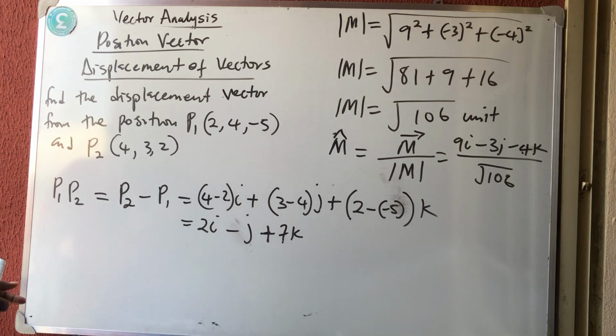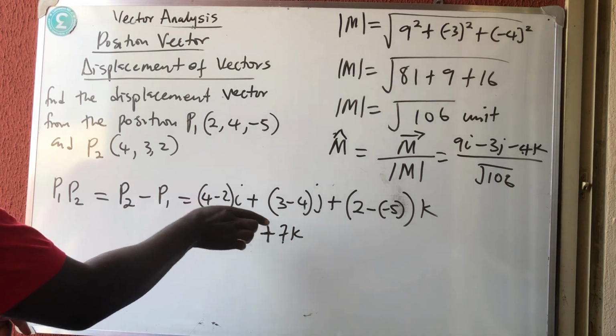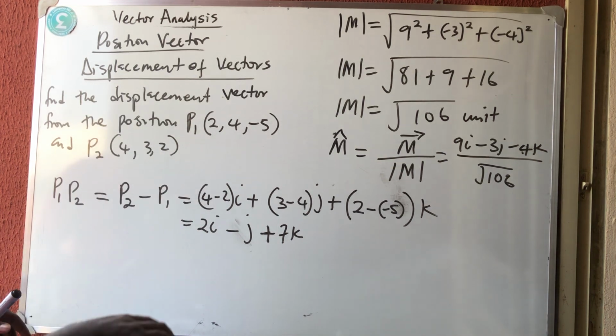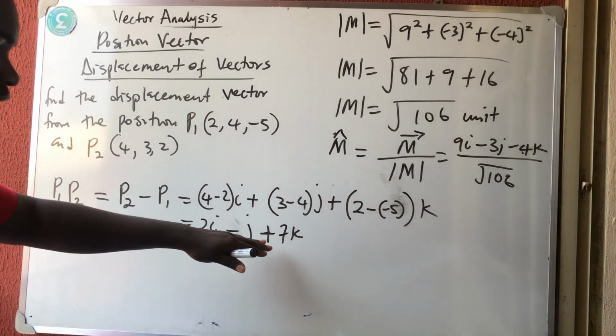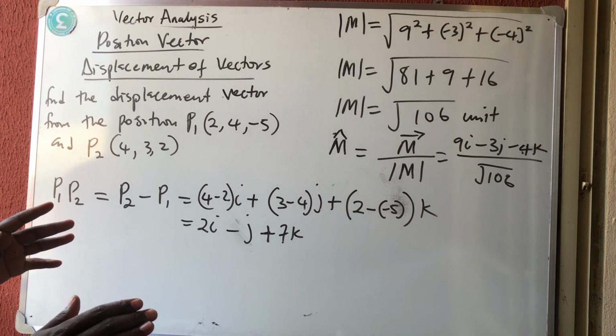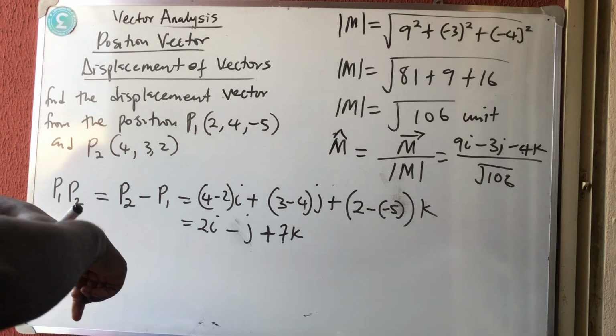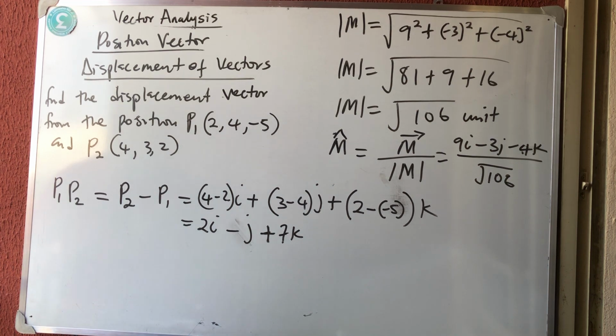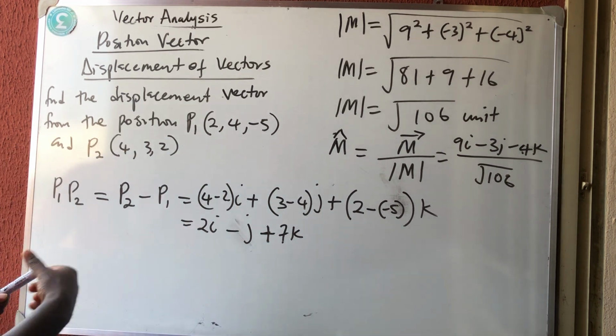So we can get the magnitude if we want. We can get the size of it. We've gotten the displacement in terms of vector, the vector displacement. But if they ask you the size or the magnitude of the displacement, you know how to get magnitude.